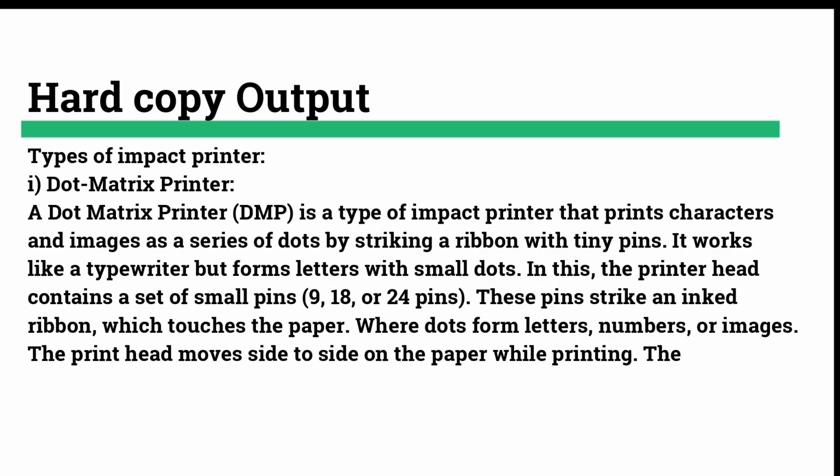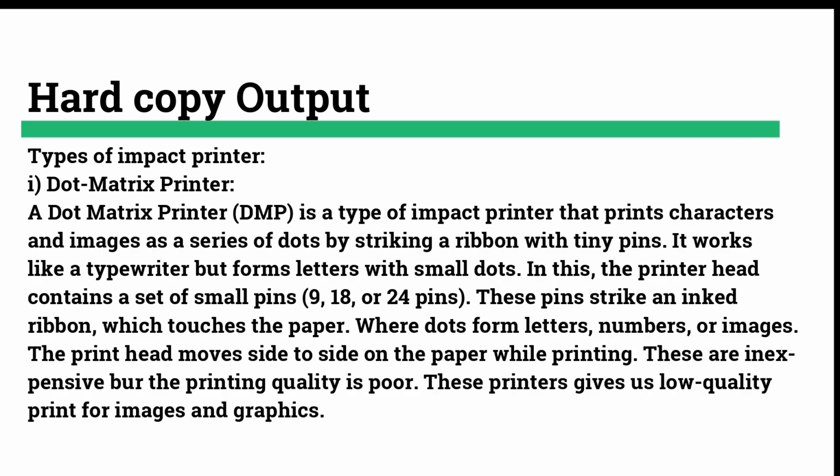Dot matrix printer. A dot matrix printer, DMP, is a type of impact printer that prints characters and images as a series of dots by striking a ribbon with tiny pins. It works like a typewriter but forms letters with small dots. The printer head contains a set of small pins, 9, 18, or 24 pins.